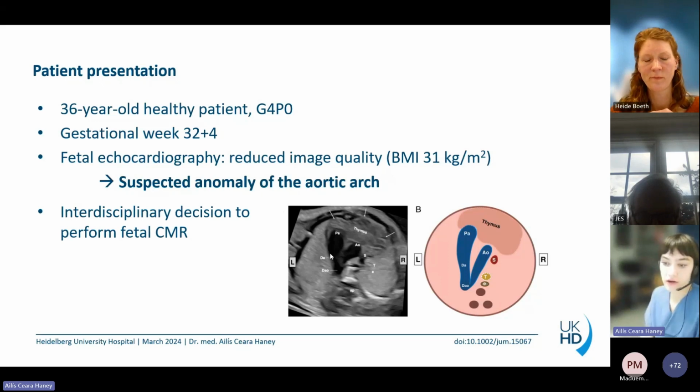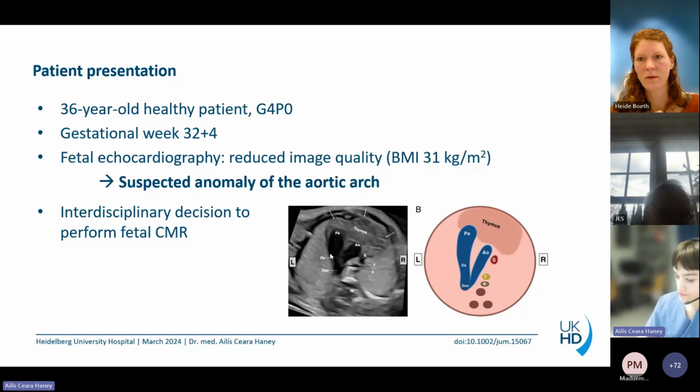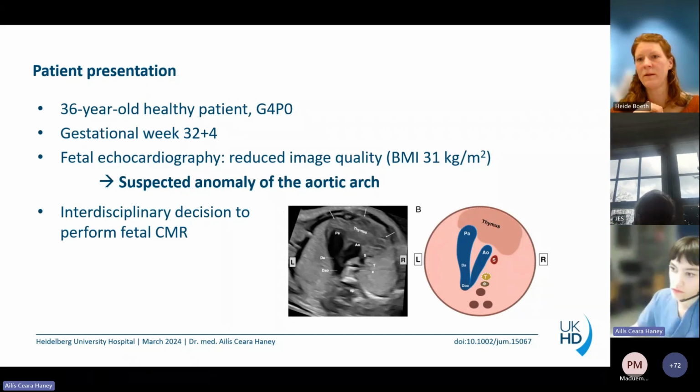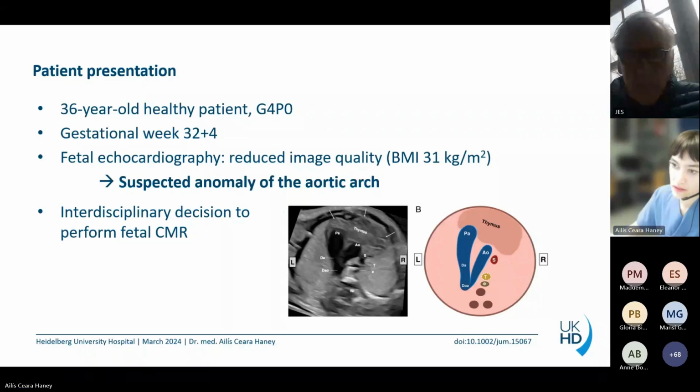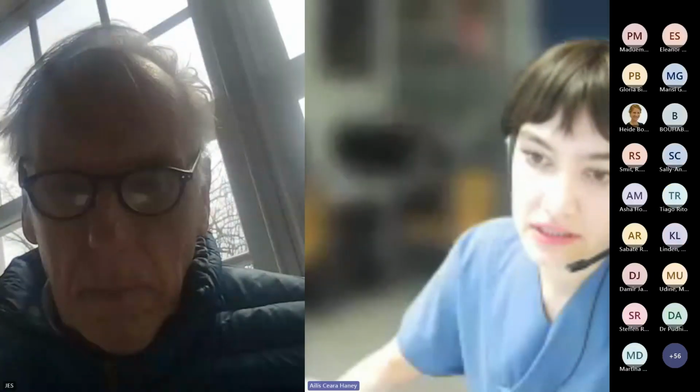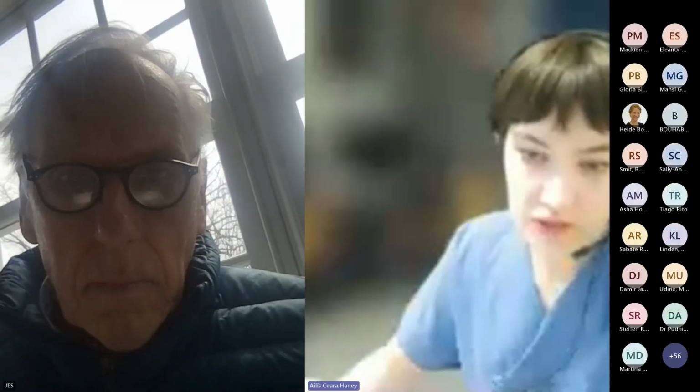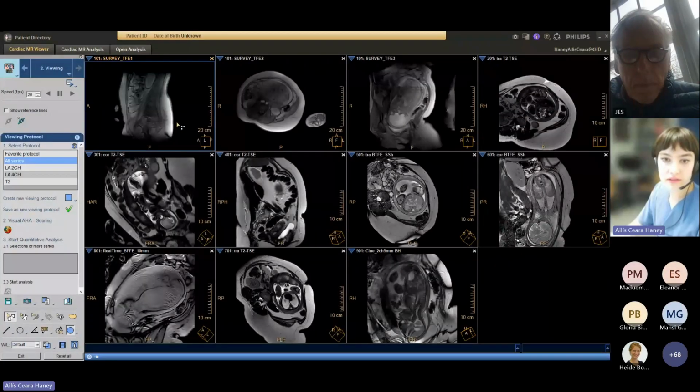Specifically, our colleague suspected interrupted aortic arch, which would have meant that the infant would have gotten an infusion of prostaglandin after birth. So I will just walk you through our images. Can you see the MRI images now?